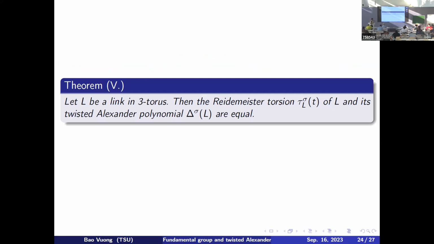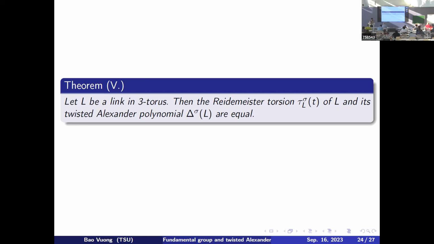And yes, in the complement of the link in the three-dimensional torus, as usual, we can consider that it has a CW structure and it is simple homotopy equivalent to a two-dimensional CW complex. This two-dimensional CW complex has the same Reidemeister torsion as the complement of the link in the three-dimensional torus.